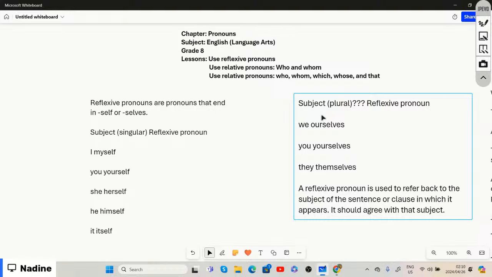And these we call reflexive pronouns, right? They end in self and selves.